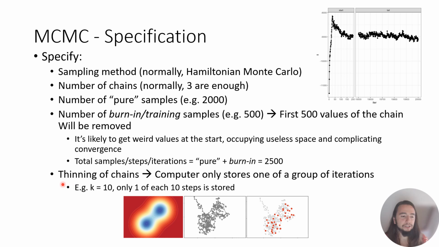There's also another thing to specify that is called the thinning of chains. The thinning of chains is basically ordering the computer to only store in memory 1 out of k steps. For example, if k is 10, only 1 step out of each 10 will be stored.